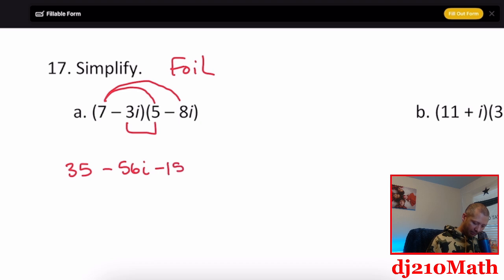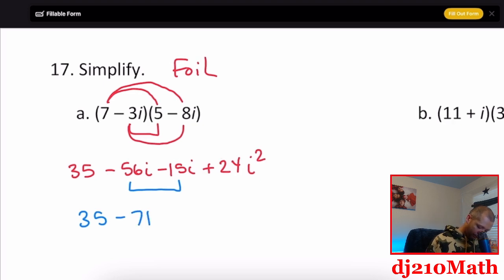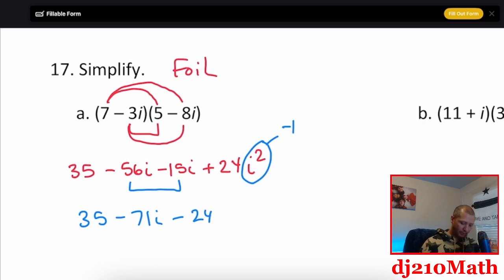Negative 15i. And negative times negative is a positive: 8 and 3, 24 i squared. Combining what we know, the like terms: 35 minus 56i and 15i, so that's negative 71i. i squared, we just learned, is negative 1, so that's going to change the sign in front of the 24.